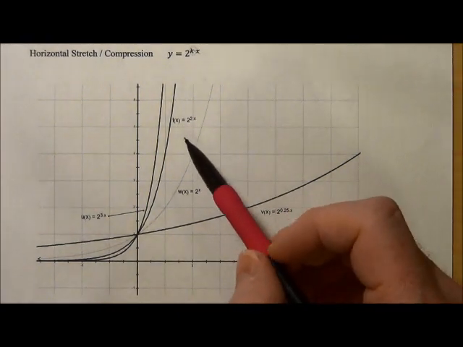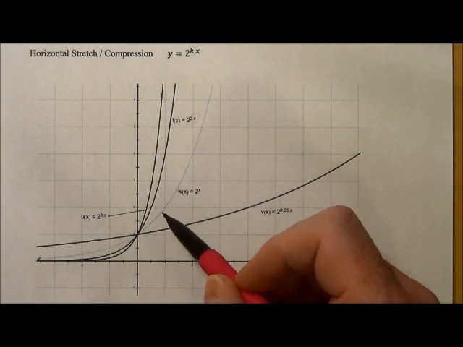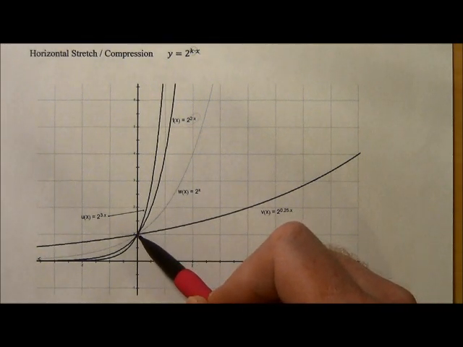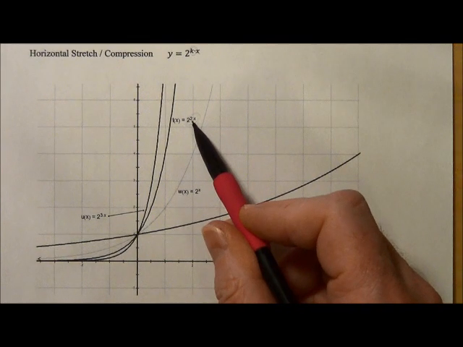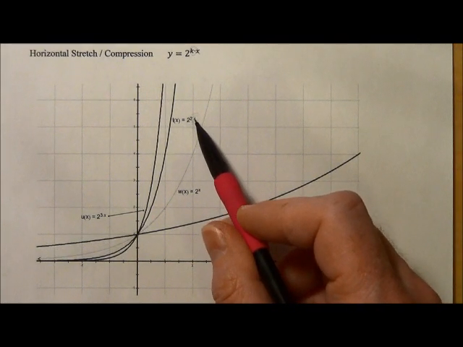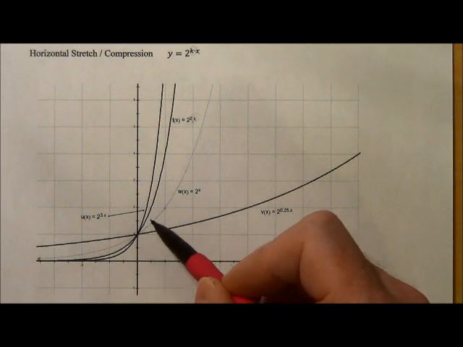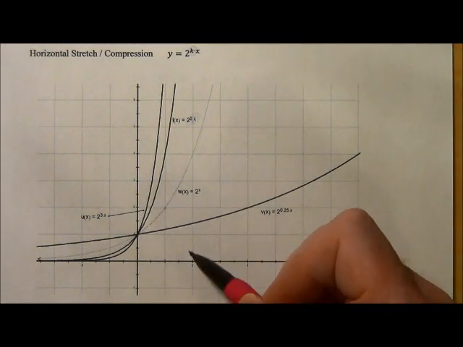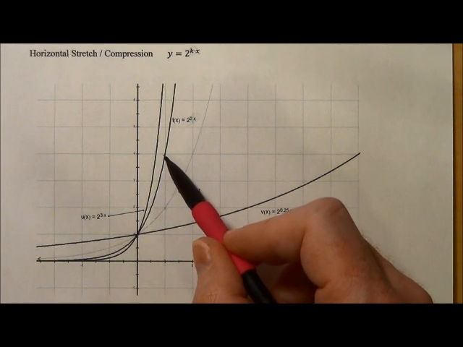When we have here y equals 2 to the 2 times x, around the y-intercept, of course, nothing changes because the x value is 0. When x equals 1 here, we see that multiplying the exponent by 2 divides the x value by 2, so that instead of being the point 1, 2, it now becomes the point 1/2 and 2. This point of 2, 4 becomes then the point 1, 4, because the x coordinate gets divided by 2. The y value does not get changed at all.